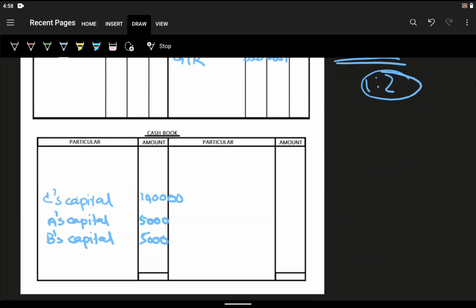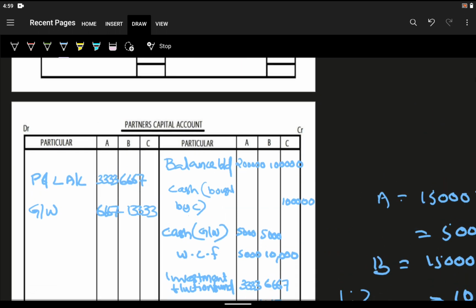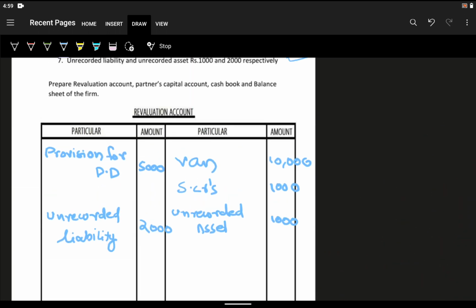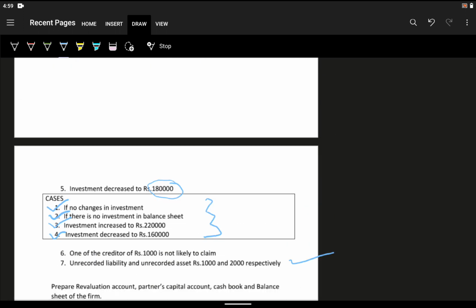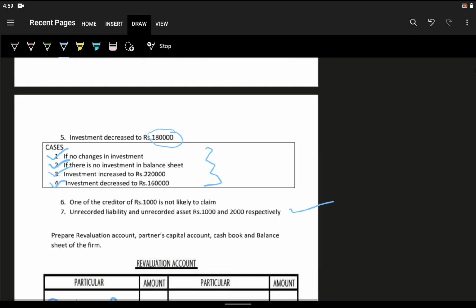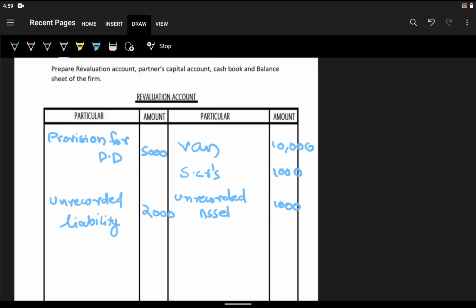What is another thing we want to write here in the partners' capital account? That is revaluation profit or loss. So let's check what is there in the revaluation account. We completed our revaluation, right? So unrecorded asset, we wrote only 1,000.